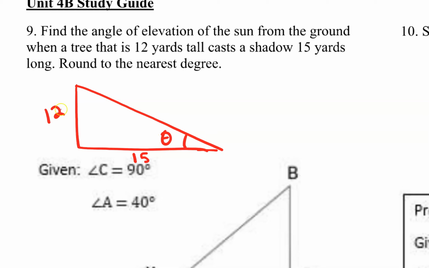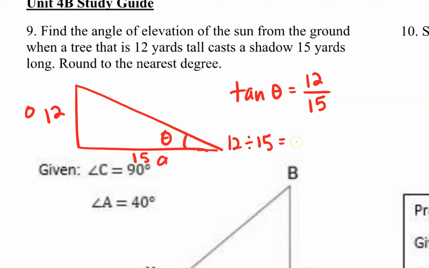So again, opposite, adjacent, SOHCAHTOA. TOA, tangent of the angle is opposite over adjacent. Okay, I'm going to enter 12 divided by 15 equals second tangent. Okay, doing all that, I get that theta equals 39 degrees.